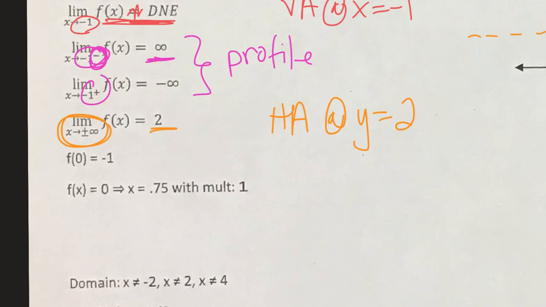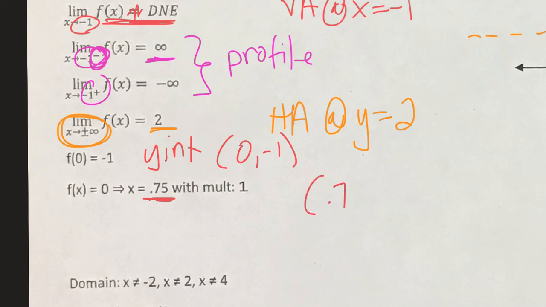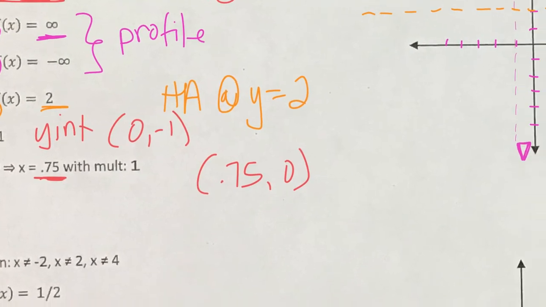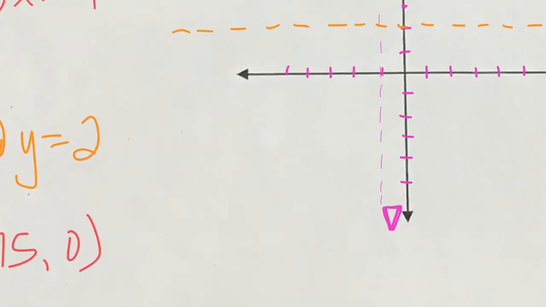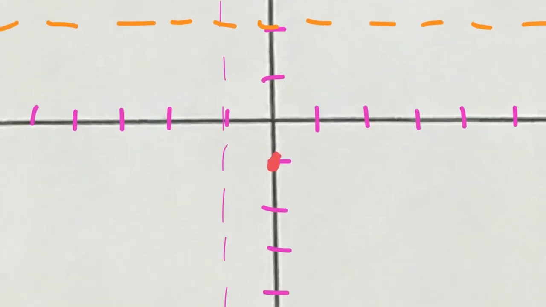And then our two intercepts, right? F of 0 is your y-intercept at 0, -1. And here is our x-intercept at 0.75, 0. So 3/4, 0. Okay, so 0, -1 is our y-intercept. And 0.75, so let's see, that's in between 0 and 1 here.